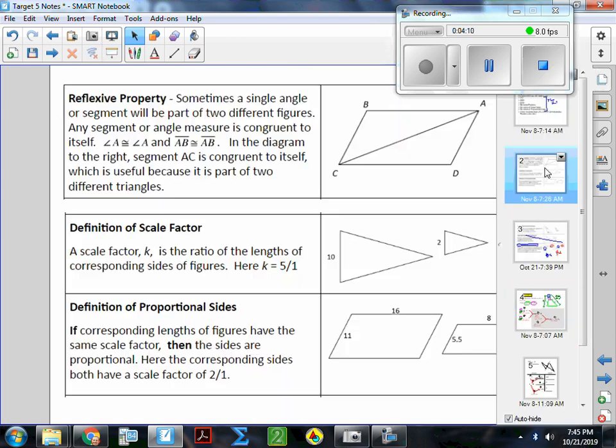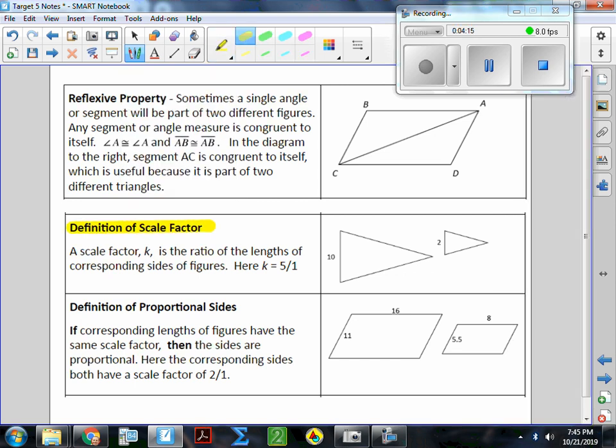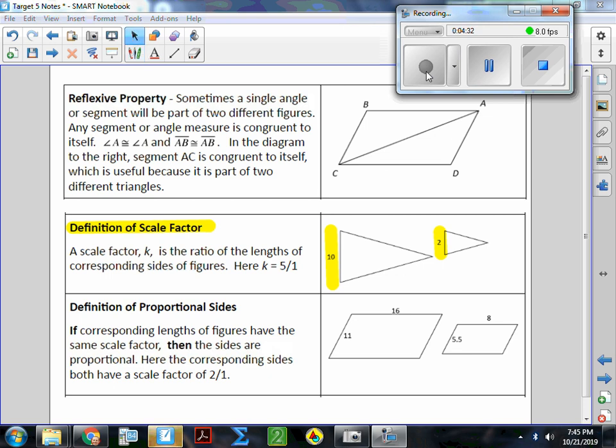So if I go back up and look at my definition of scale factor, scale factor is the ratio of the lengths of corresponding sides. Apologize, my voice is faltering a little bit. Still have this cough. So 10 and 2 in this diagram are corresponding sides. So 10 over 2 has a scale factor of 5 to 1.